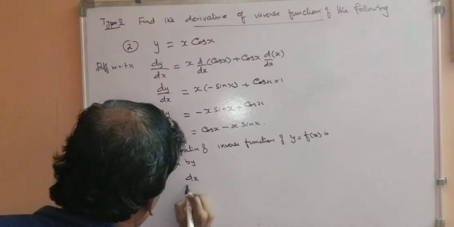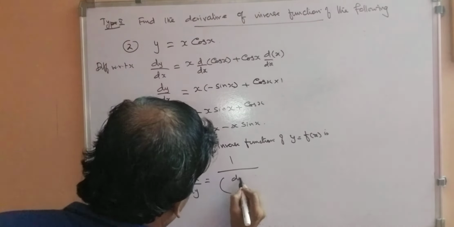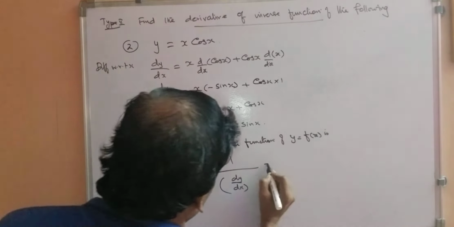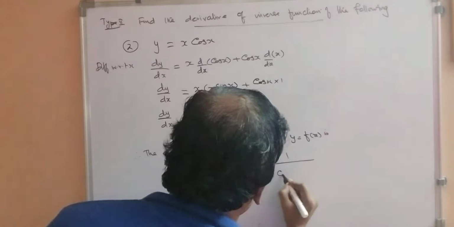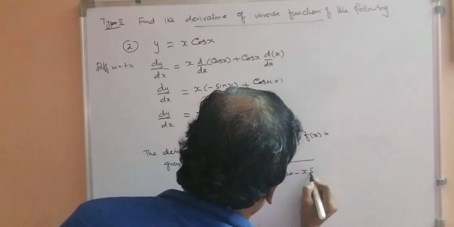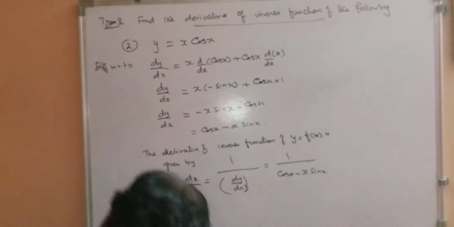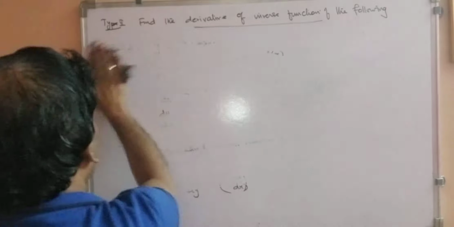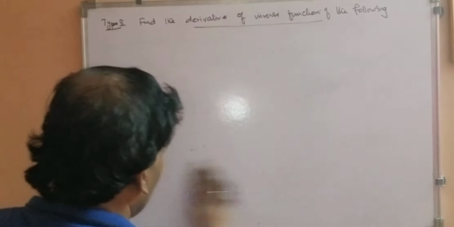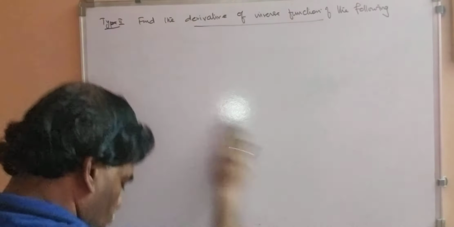So dx upon dy equal to 1 upon dy by dx, which is equal to 1 upon, what is dy by dx? cos x minus x sin x. This is how we have to do this sum. Now one more sum we will do. This is a very interesting type actually. You should know how to do it, and you have to practice also at home.